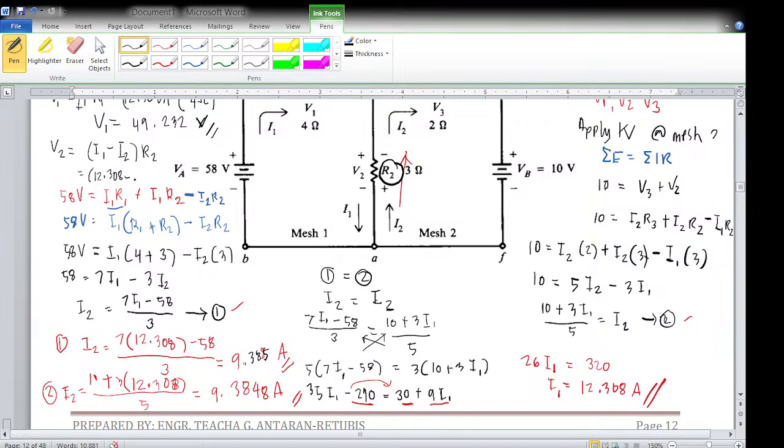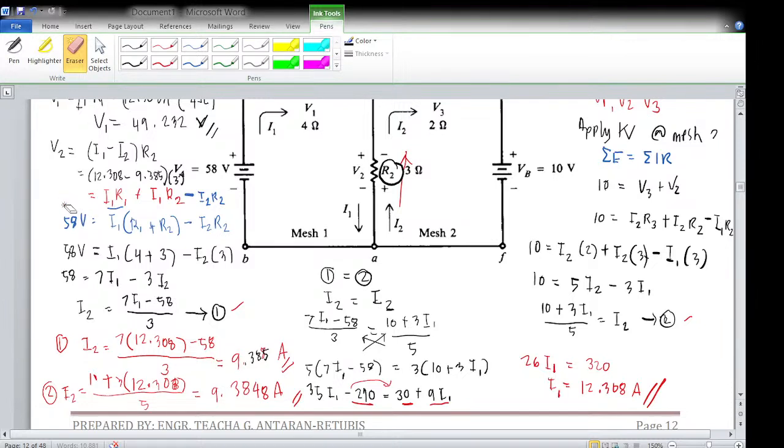Okay, so minus 9.385, times R sub 2, which is 3 ohms. How much? 12.308 minus 9.385 in parentheses, and then multiply by 3.